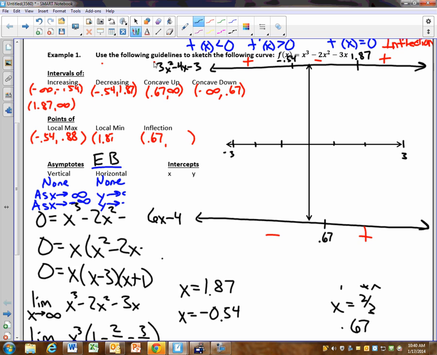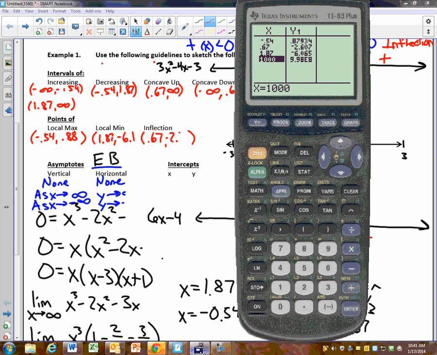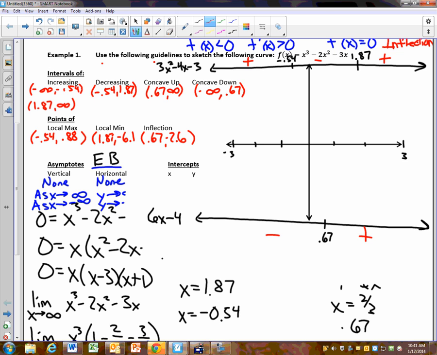So the local min was what? Negative 6.1, the inflection was negative 2.6. Okay. All right, so it looks like we got to go all the way down to negative 6, don't we?